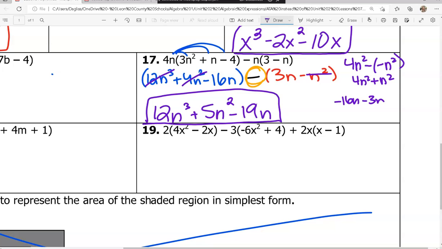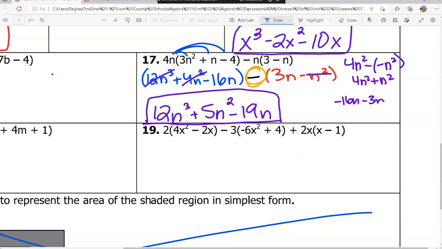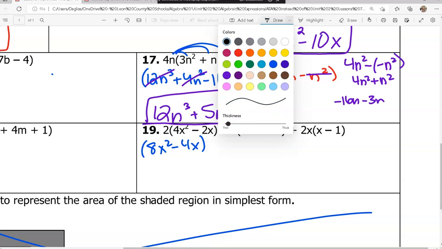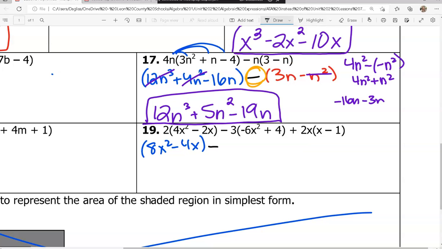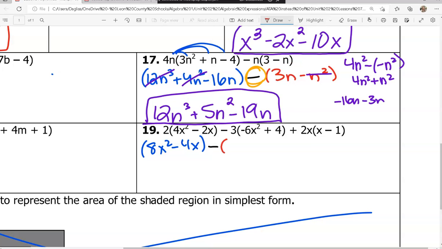Okay, so number 19 now has 3 different pieces. Let's do this guy together. All right, 2 times 4x squared. There you go. 2 times negative 2x is negative 4x. Yep. And now 3 times negative 6x squared.